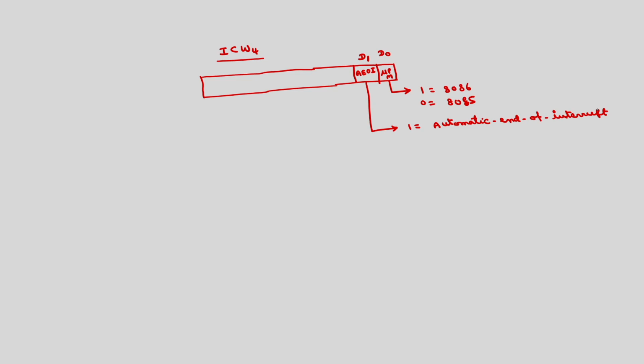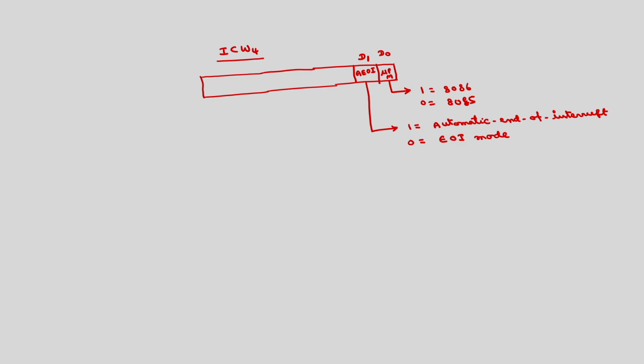Once the interrupt service subroutine is executed, you have to indicate that the interrupt service is completed. There are 2 modes of this interrupt service end process. One is automatic mode, the other is simply manual mode. This is 1 for automatic mode and 0 for the default end of interrupt mode. I will discuss this in detail later.